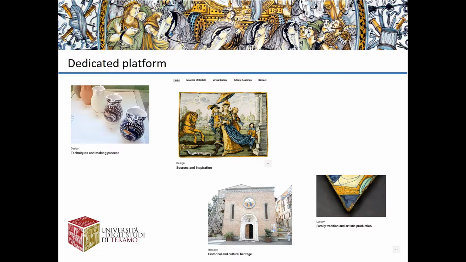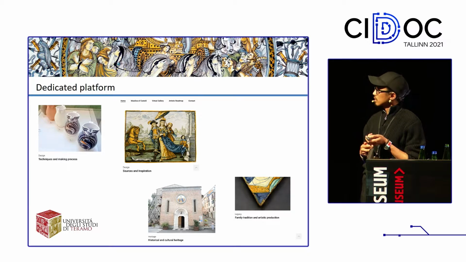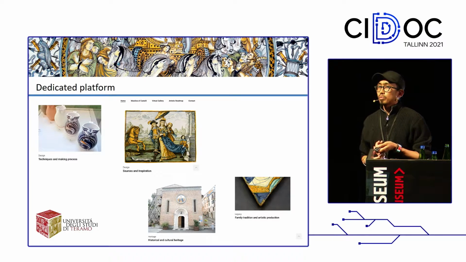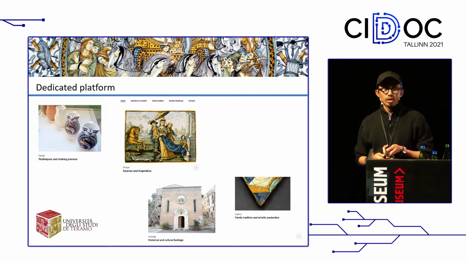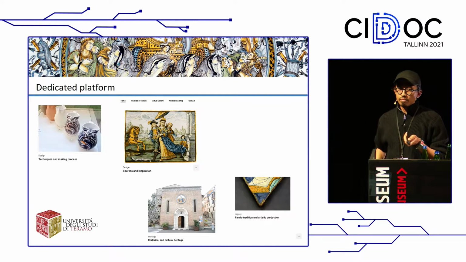In a sense, when people come to Castelli, they want to explore the ceramics, so they can find where to find the collection, or perhaps an artistic school, everything that is connected to Castelli production. And then there is another part dedicated to a family tradition and artistic production, which is more of a historical approach as well to the Castelli production.